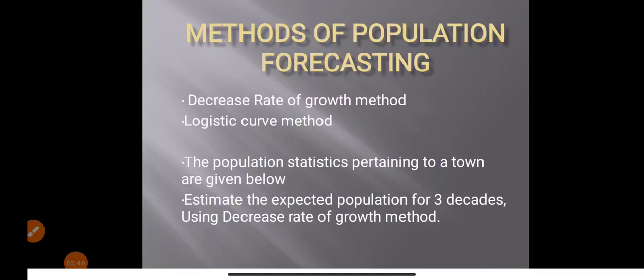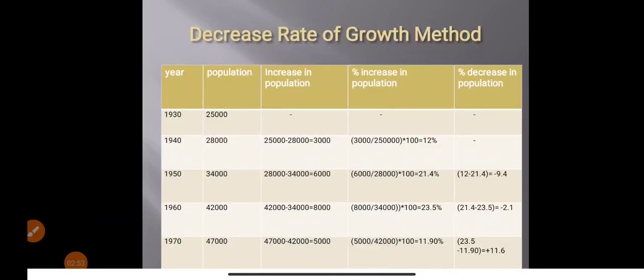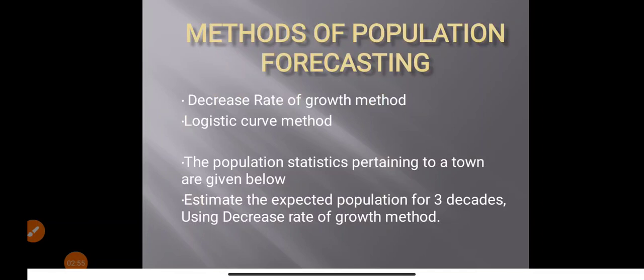Okay, let me solve the problems on decreased rate of growth method and the logistic curve method. The problem is given like this. The population statistics pertaining to a town are given below, and we have to estimate the expected population for 3 decades using the decreased rate of growth method.